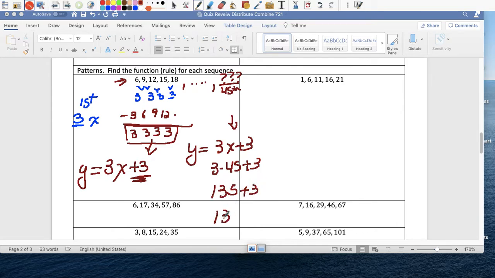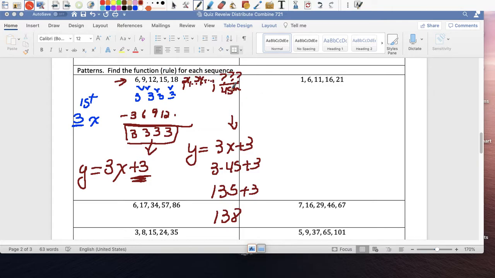And the total would be 138. So the 45th term, if you were to continue the sequence 6, 9, 12, 15, 18, 21, 24, and so on, would be 138. So much easier to find this, to help us find any term in that sequence. Okay? So these are the easy ones.